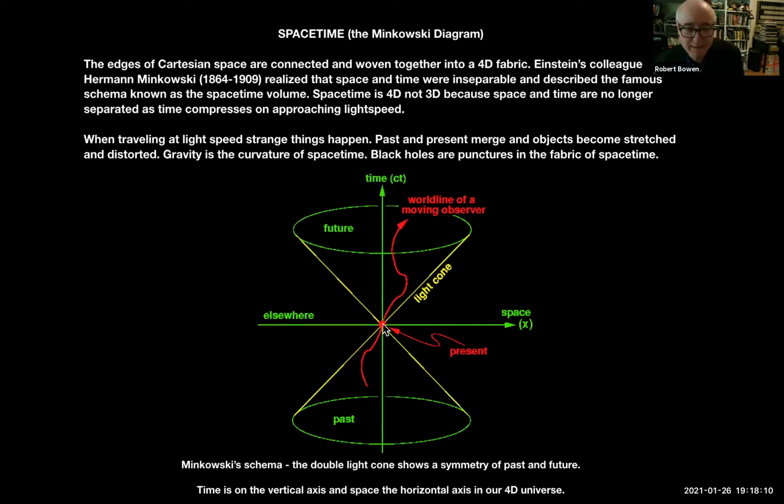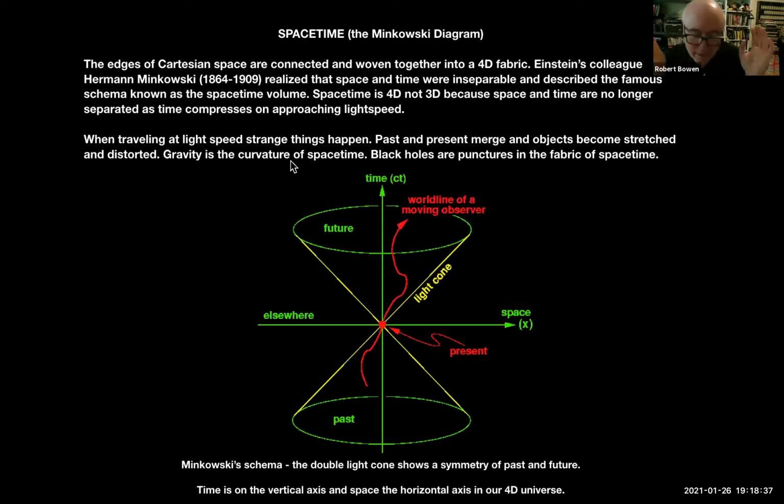But then these things get folded on top of each other, as you'll see in a moment. Time is the vertical axis here. But as you approach light speed, strange things happen because past and present merge and things stretch.